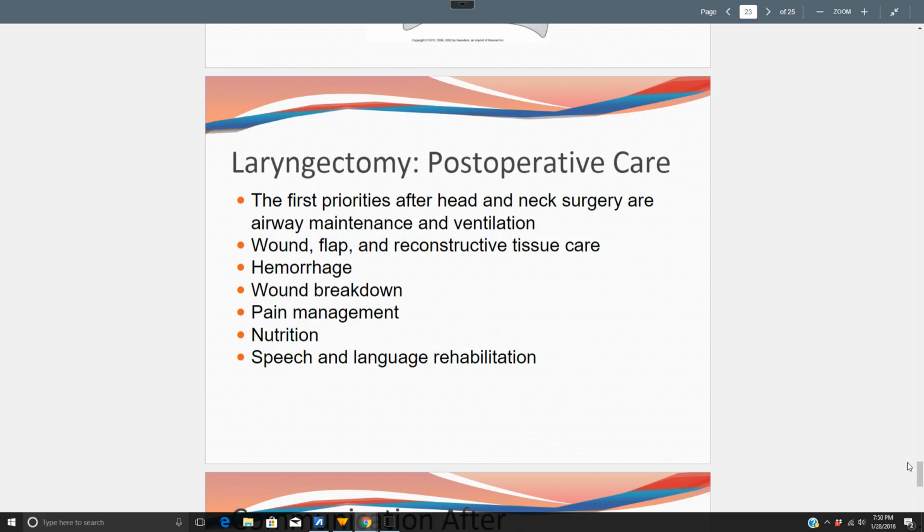And as I said, depending on how extensive the tumor and the cancer are, they'll have a radical or modified neck dissection. And I told you about all the parts and pieces that will definitely be removed with a radical neck. And then they use skin grafts or flaps to actually close the wound. The patient will have a hemovac drain in place to prevent hematomas and extensive edema.